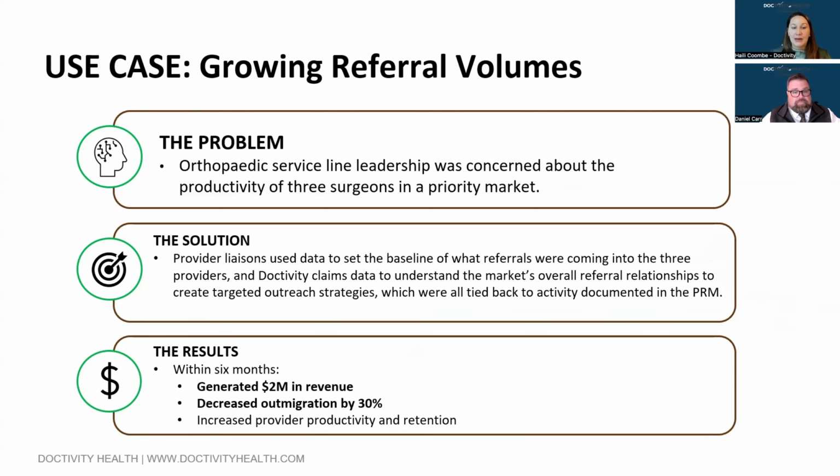So in this particular example, there was a multi-hospital health system, and specifically the orthopedic service line was concerned about the productivity of 3 surgeons that they put in a priority market. These specific surgeons had been in this market for about 12 to 18 months, and they were not ramping up. They just weren't doing the OR volume they were budgeted for. They weren't seeing a high volume of patients.